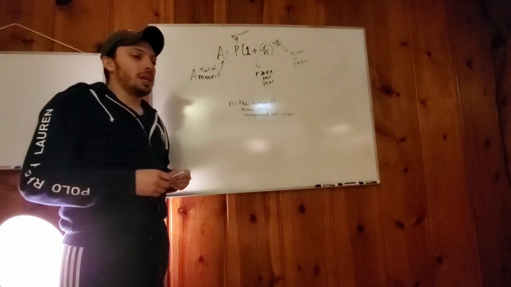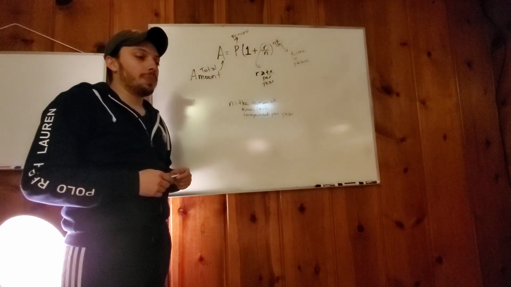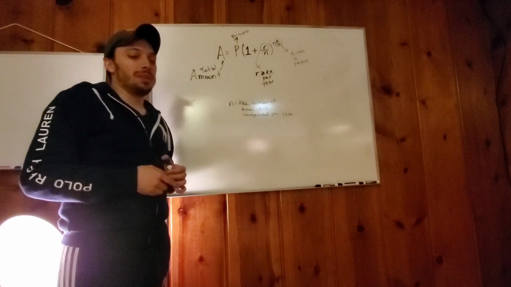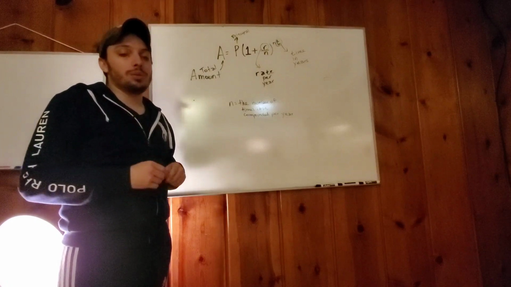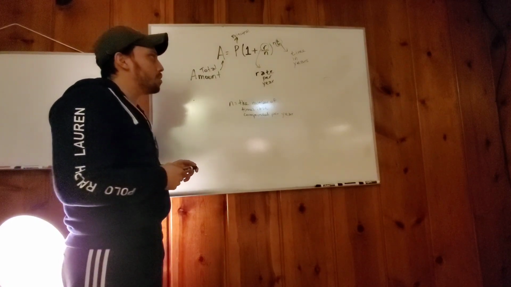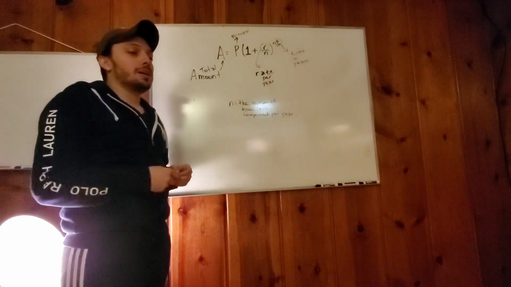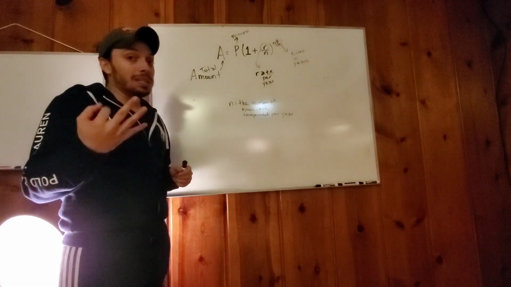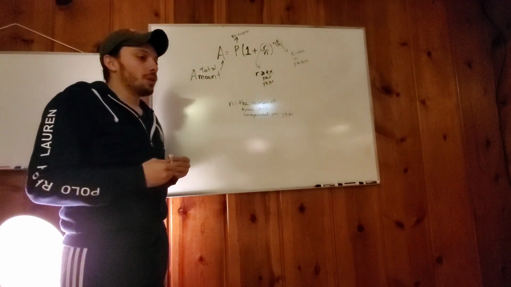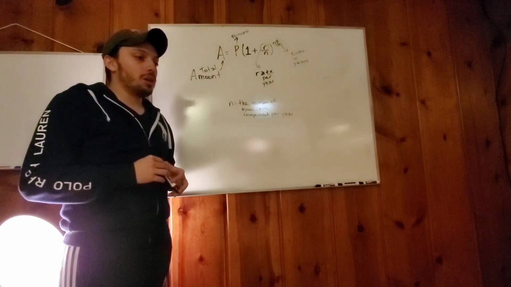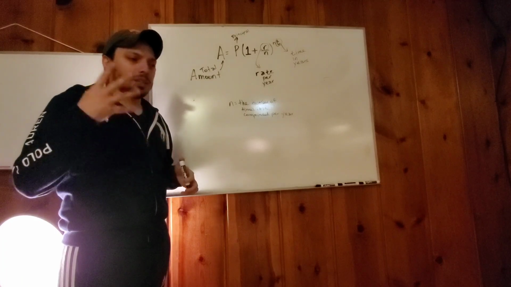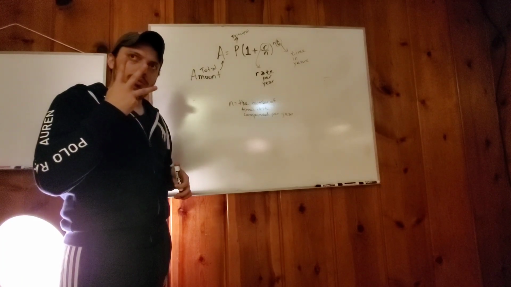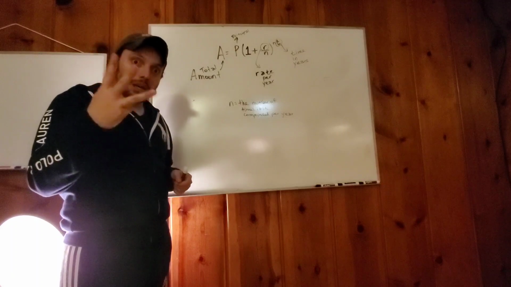Semi-annually could also be the same thing as a semester, but we don't use that word in finance. That's more academic. We could use quarterly. Quarterly means every 3 months, so it's 4 times a year. My bad.